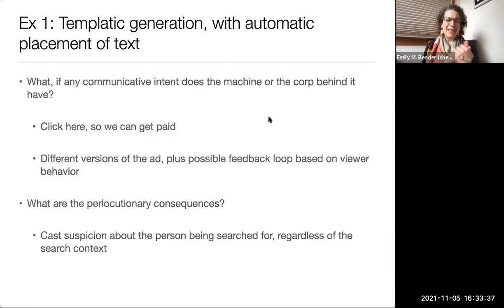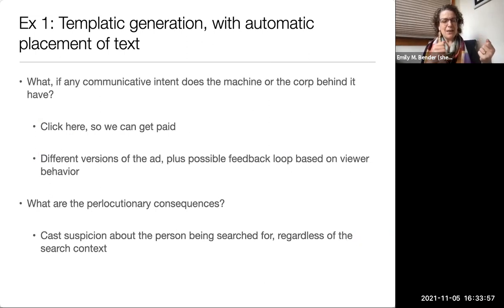So in this context, what, if any, communicative intent does the machine or the corporation behind it have? Probably click here so we can get paid. And we're going to produce these different versions of the ad because we had this idea that given our racist society, these versions might, in some cases, be more useful. Yeah.